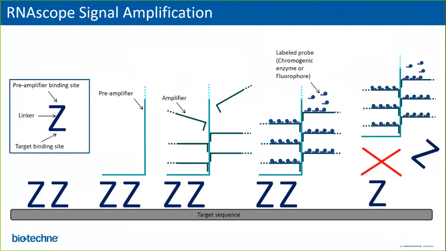If one Z probe binds to a non-specific target, it's highly unlikely for the other Z probe to bind. Hence, a pre-amplifier binding site won't form. So this assay is highly specific and provides robust signal amplification with background noise suppression.